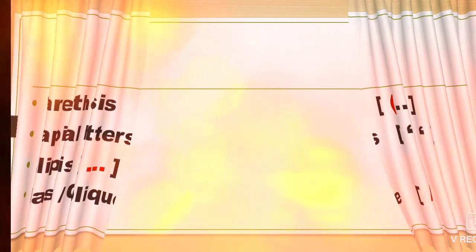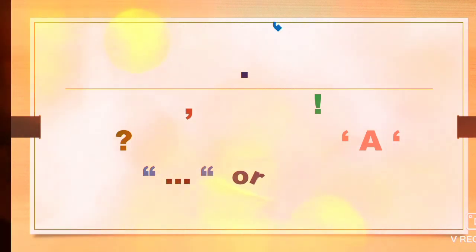These are all punctuation marks, but we regularly use a few of them, which are full stop, comma, exclamation marks, question mark, capital letters and double inverted comma or single inverted comma, like quotation marks. So let's start with all these punctuation marks. We are going to learn all these basic punctuation marks.